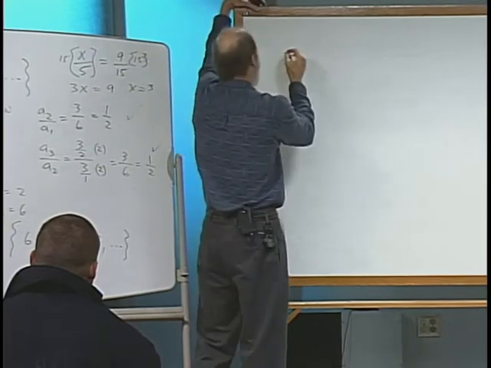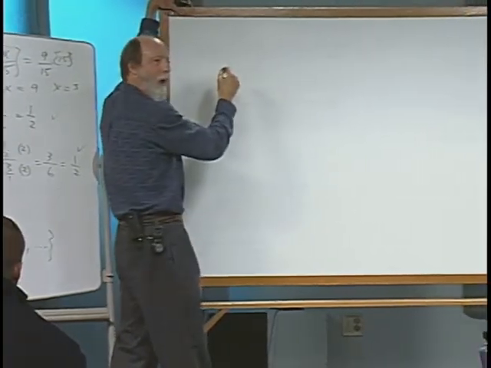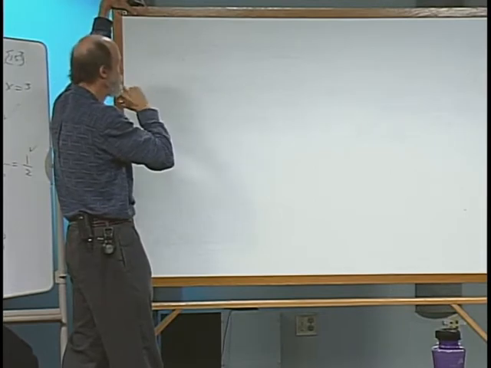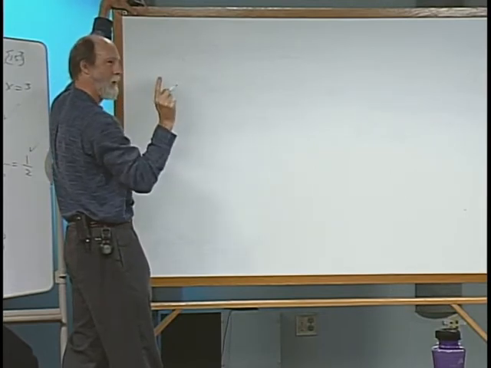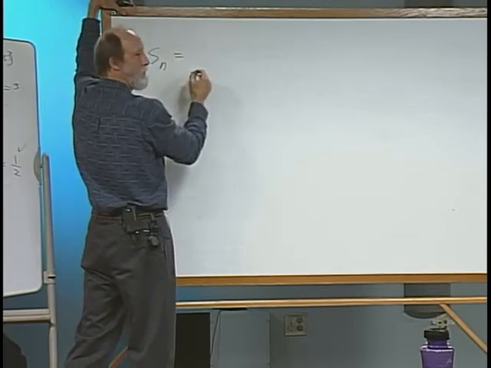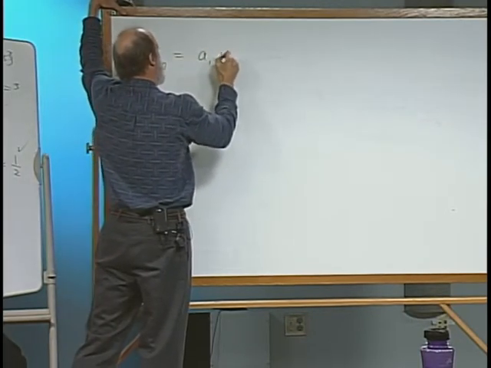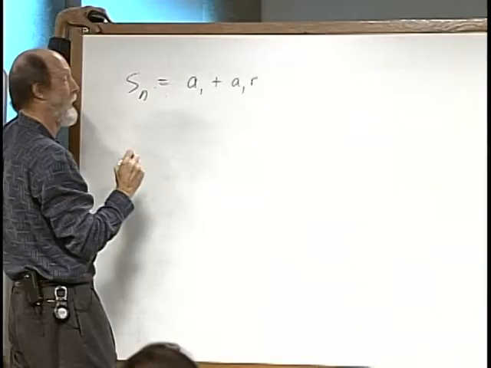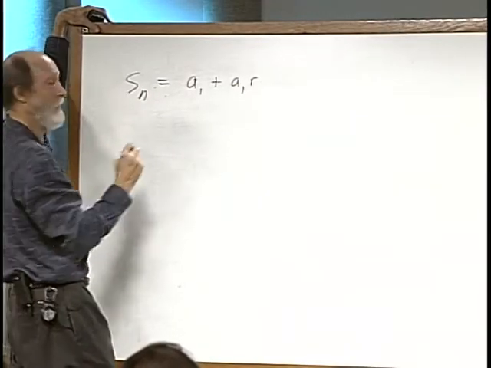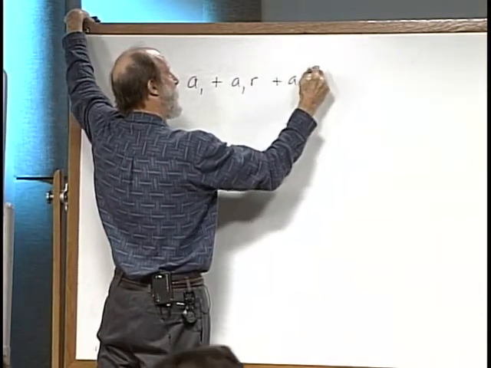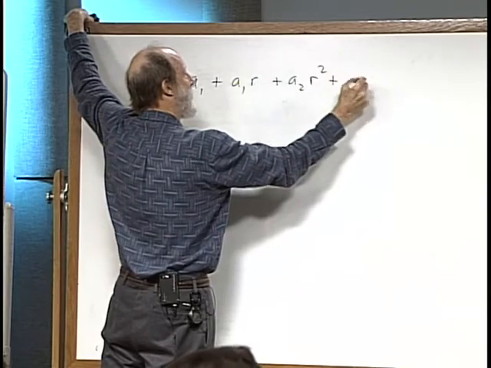Okay, so let's say I write out a partial sum. So I'm going to have a sub 1 plus a sub 1 times my common ratio, right? That's my next term. And then the one after that is a sub 2 r squared, plus dot, dot, dot.